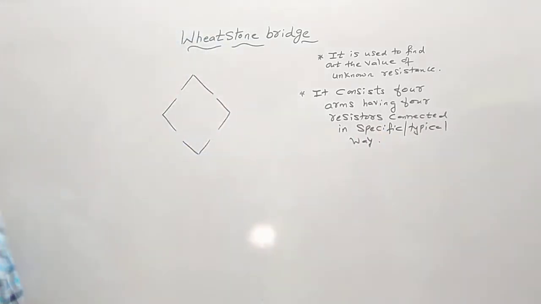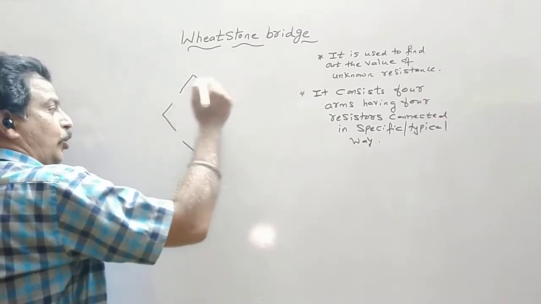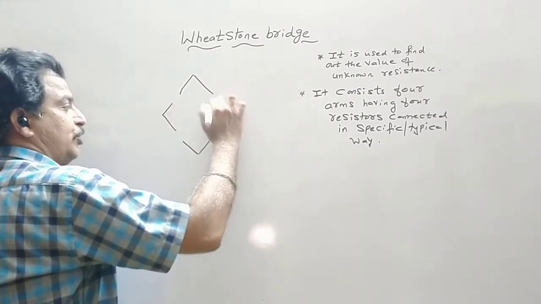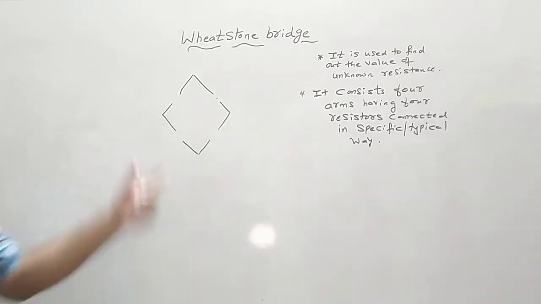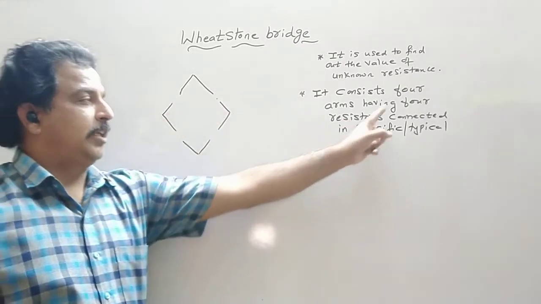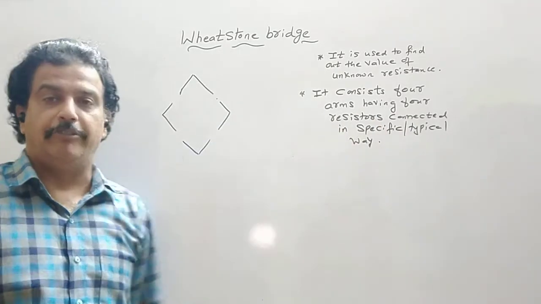So it consists of 4 resistors. These are called the arms of the Wheatstone bridge. So 4 gaps are left, and these 4 gaps will consist of 4 resistors in a specific way or in a typical way.